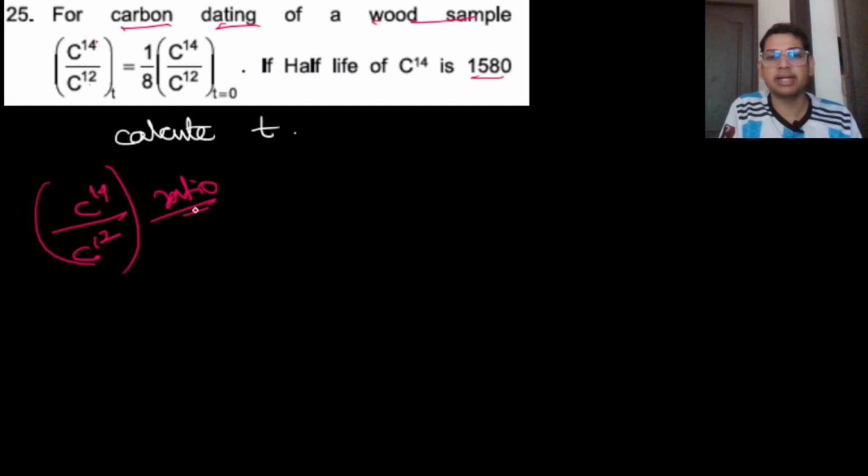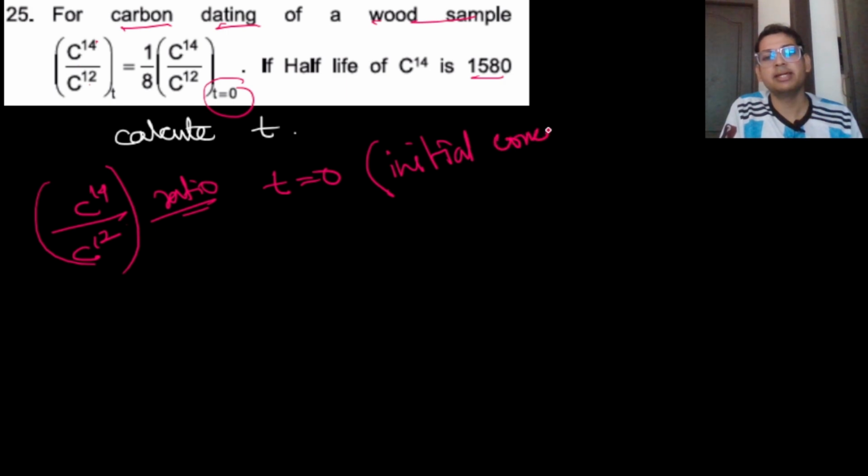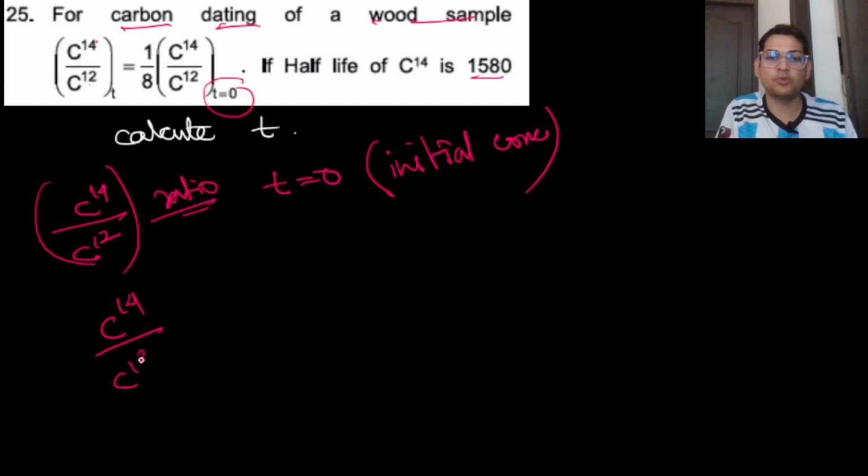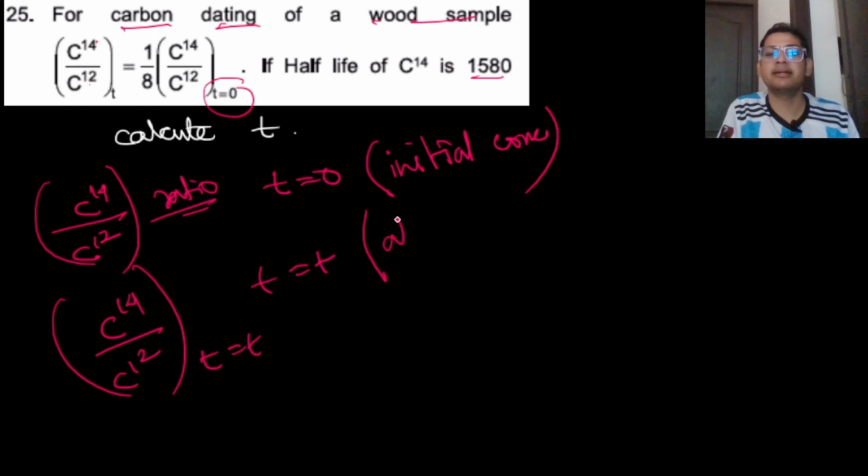One time you have taken the ratio at T equal to 0, that means it is the initial concentration. And the other ratio is taken at time T.